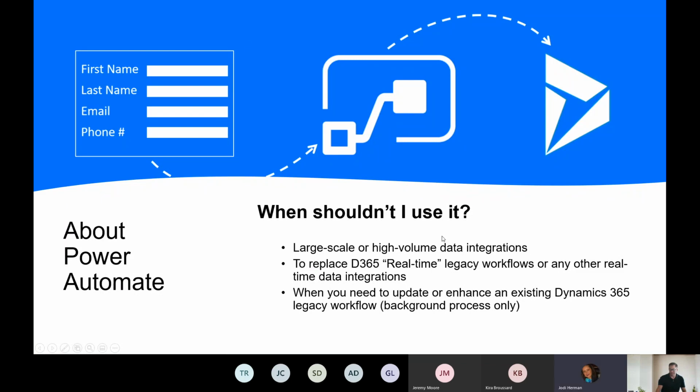No problem. So again, right now we can't replace the real-time legacy workflows. That still has to be accomplished using the classic workflow engine. But the background processes, you can replace all those, and for the most part, any of those workflow extensions that you might have installed to enhance the capabilities of the workflow engine.